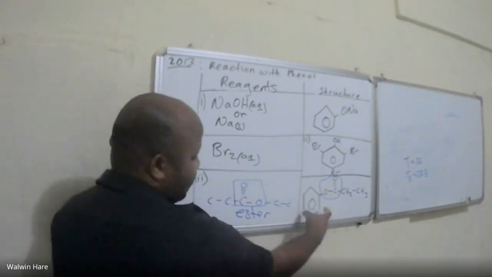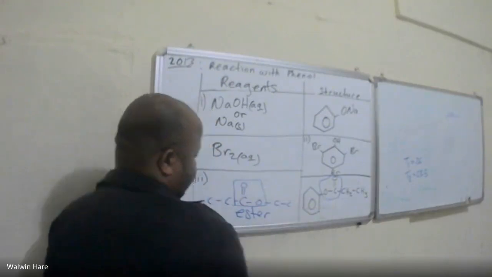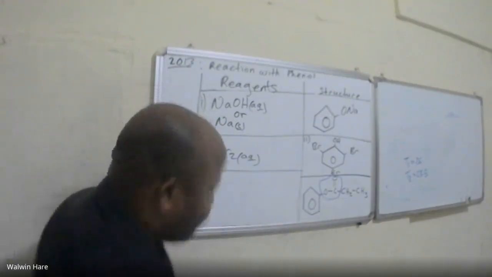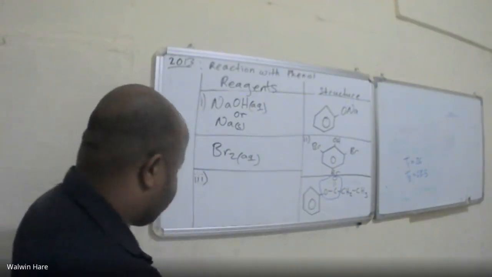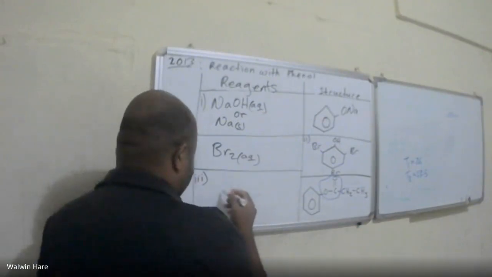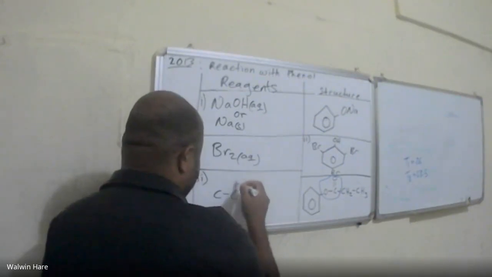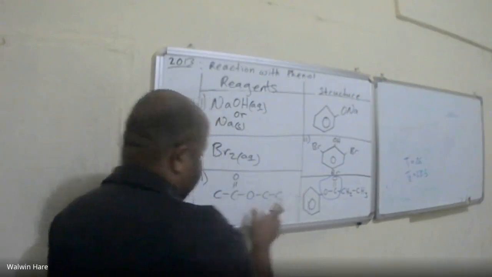So if you know that this is the phenol, which is the alcohol portion. Just a second. So if you get an ester, this is an ester, right?